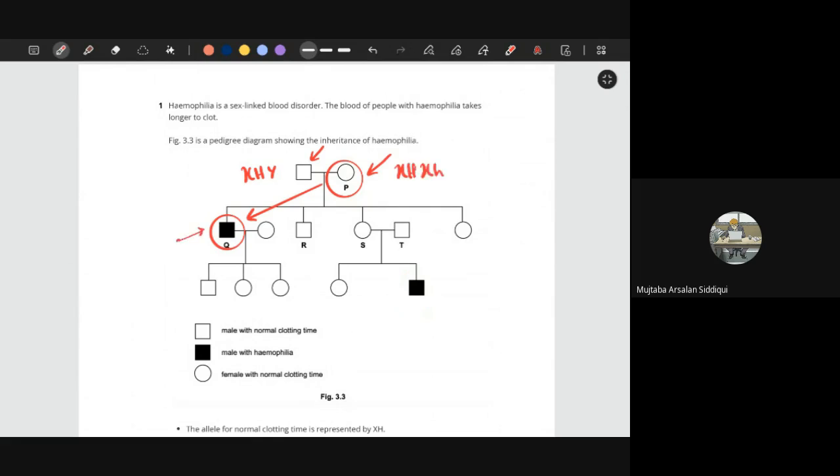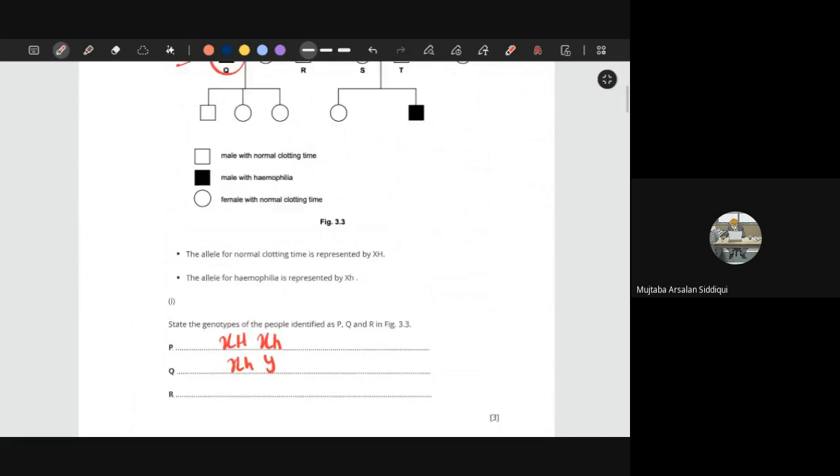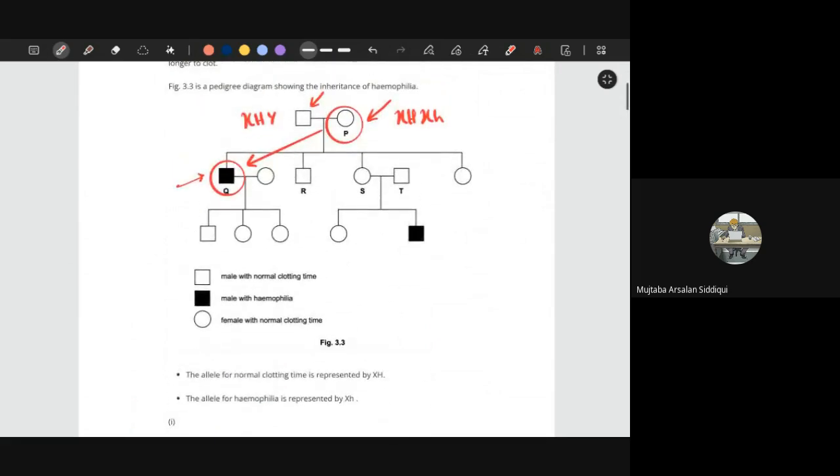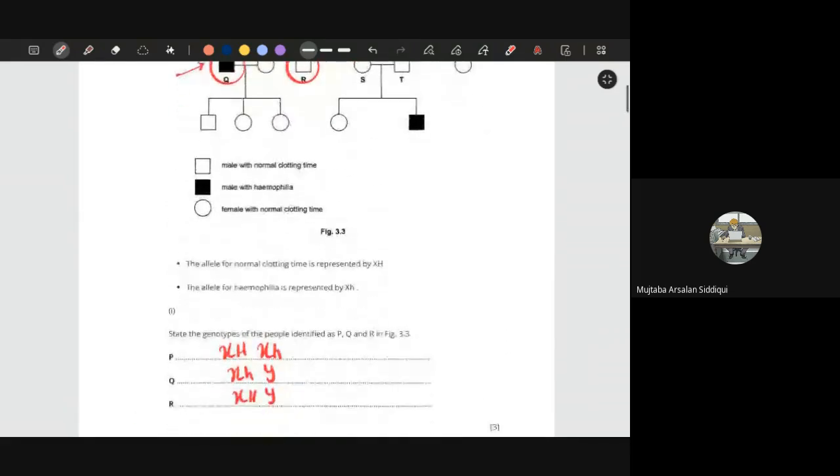Now here is a male who is affected. Now that's Q, so that would be X small h and Y. Make sense? Okay. And then there is a male who is unaffected, so he will be X capital H and Y. Does this make sense? Now it does.